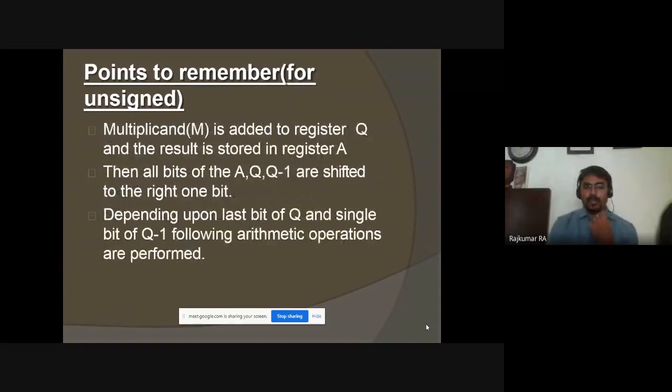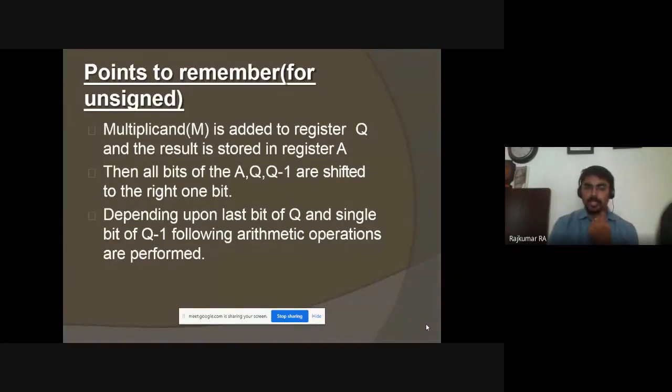Now the procedure is: the multiplicand, that's M, is added to register Q, and the result is stored in register A. So M plus Q will be stored in register A. Then all the bits of A, Q, and Q minus 1 are shifted to the right by one bit.